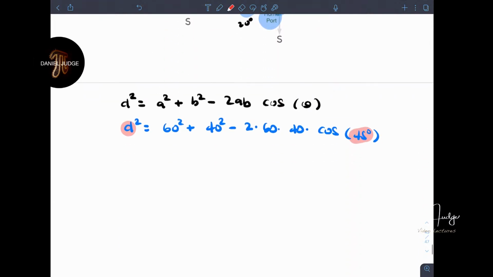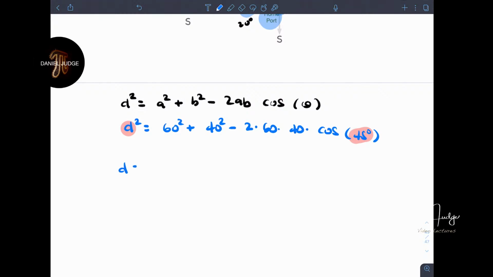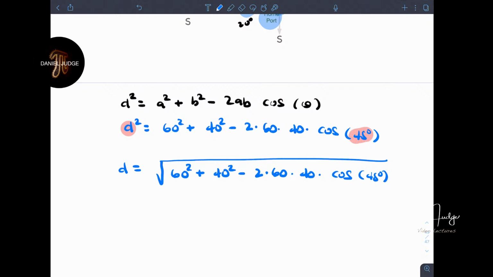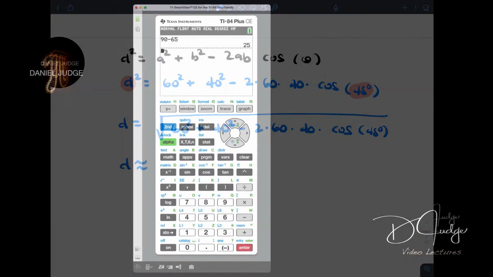So we're going to find that. D equals the square root of 60 squared plus 40 squared minus 2 times 60 times 40 times cosine 45 degrees. And we're going to see what D becomes. And this is again by law of cosines. So let's take a look at the TI.